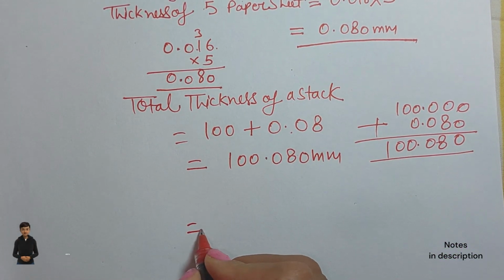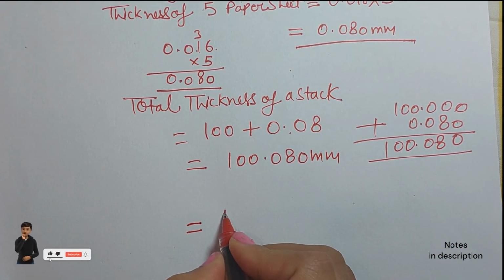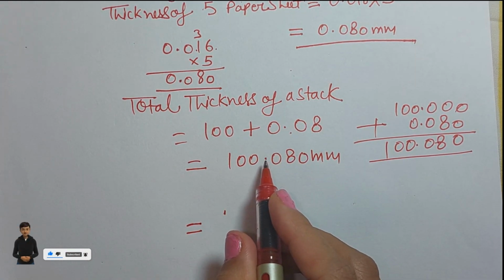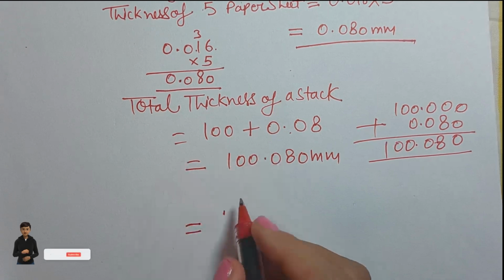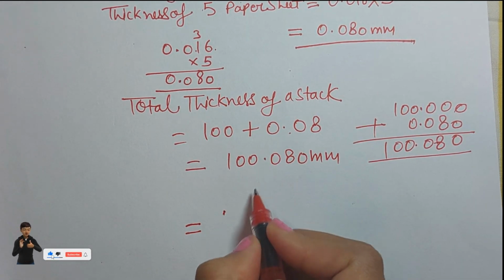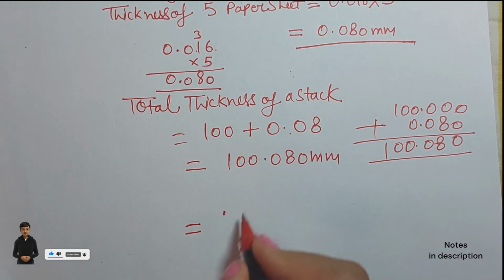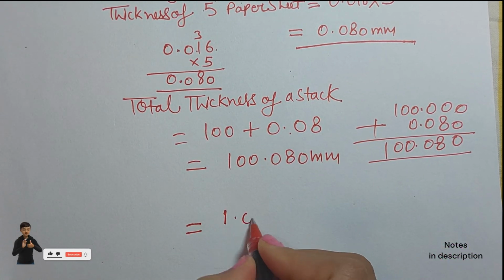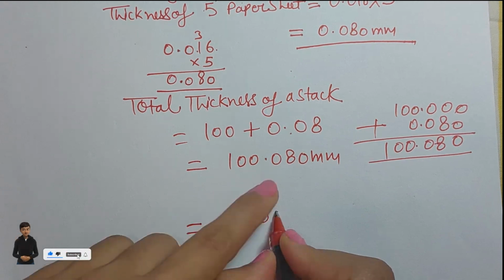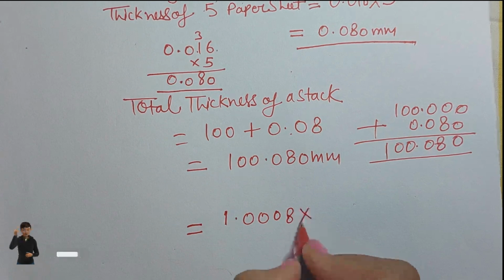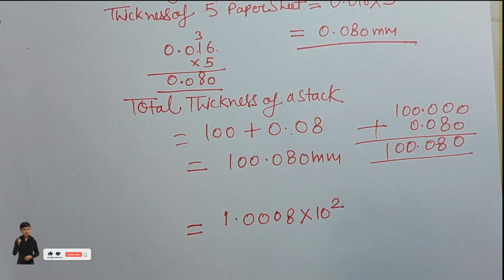Now you can write this in standard form. How will you write it? You have learned this in the chapter. Now we will shift this decimal point to the left side, 2 steps. 1, 2. So 1.00, and one more 0 is already here, 08, into 10 raised to the power 2.